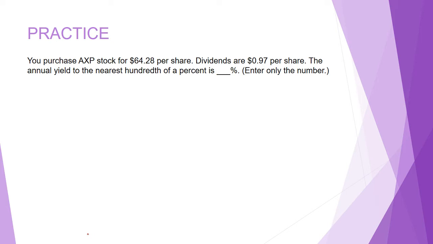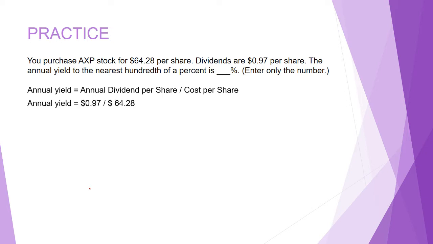Alright, so same formula, annual yield equals annual dividend per share divided by the cost per each share. So 97 cents divided by 64.28, giving us 0.01509. This time we're looking for nearest hundredth of a percent. So before we round, we need to convert it into a percent.